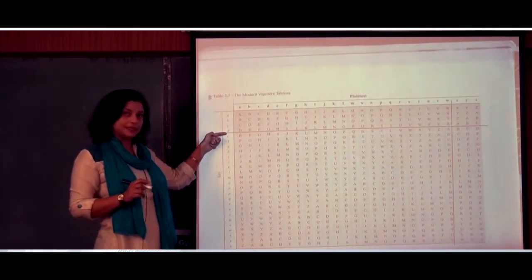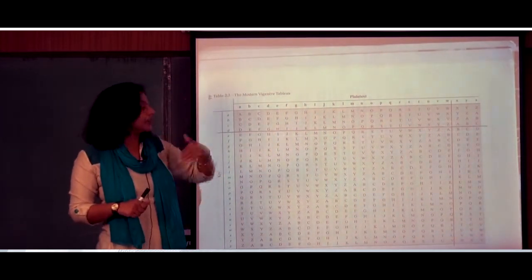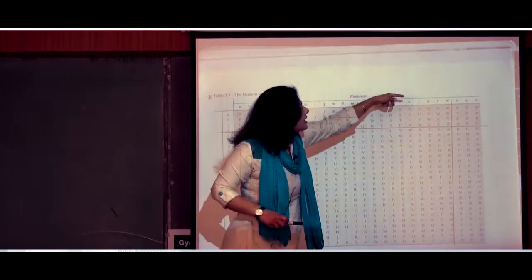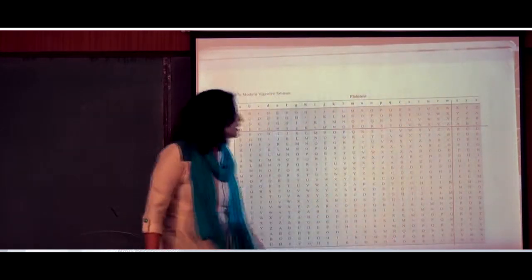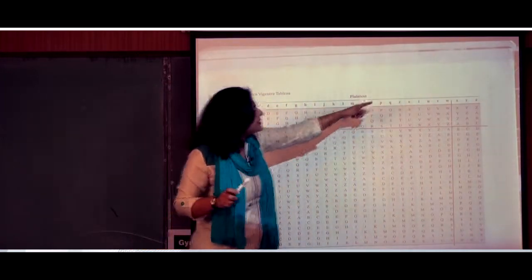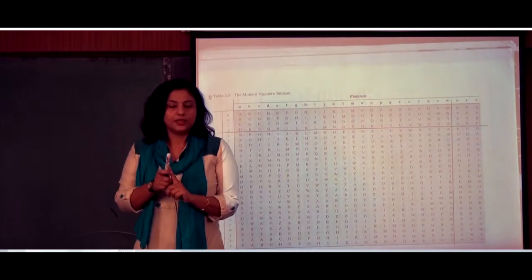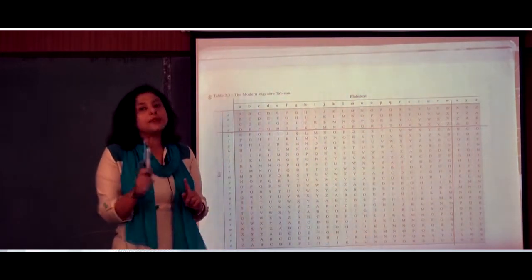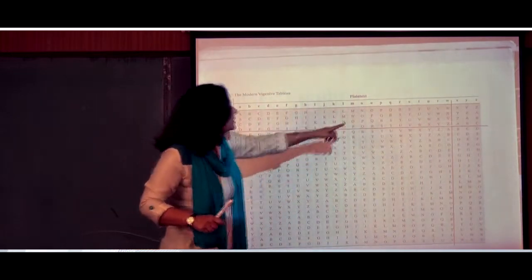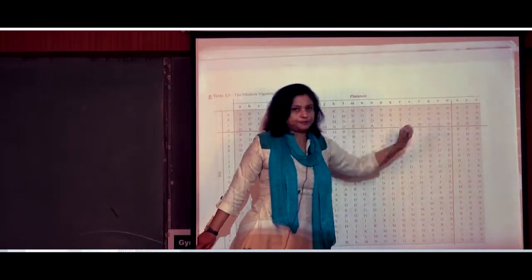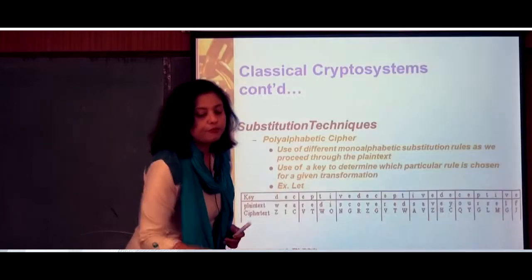In this case it is D, and you draw a vertical line containing the letter W, which falls into the plain text. So, at the intersection of the two lines, you will find a letter which will be your ciphertext letter for that particular plain text letter. In this case, it will be Z. So, in this way, you can form it.